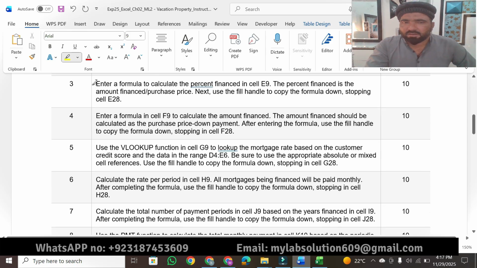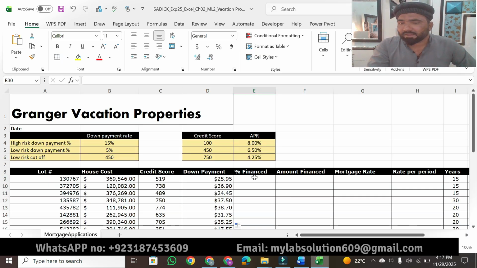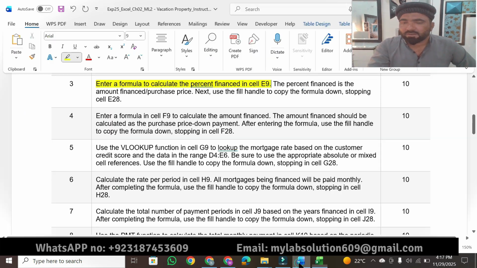Enter a formula to calculate percent finance in cell E9. Where is E9? Here is E9. Here we have to use a function or formula. What formula do we have to use? The percent finance is amount finance divided by purchase price.